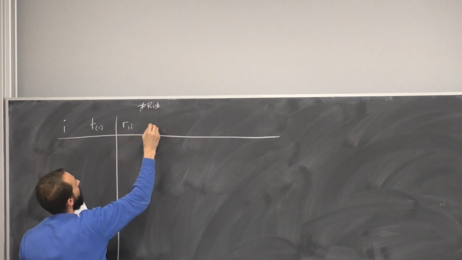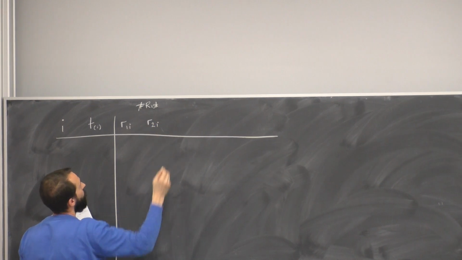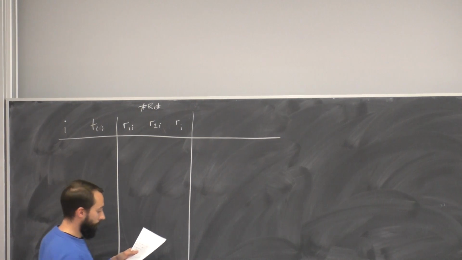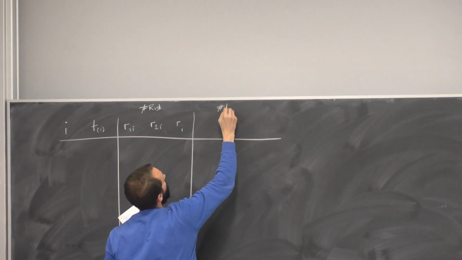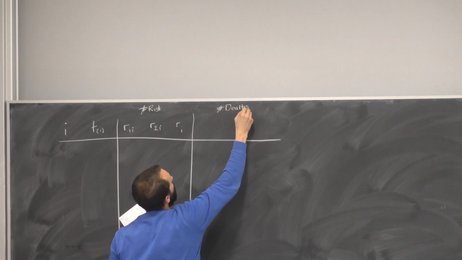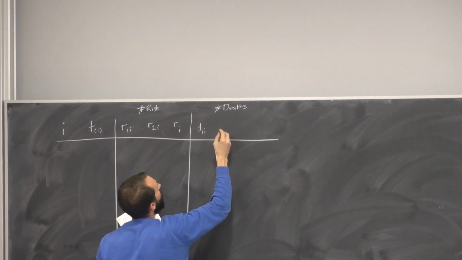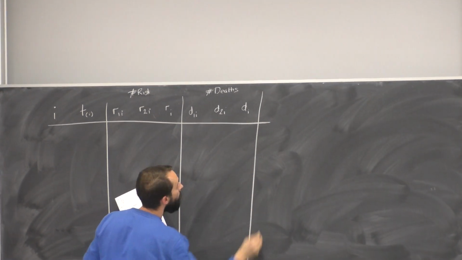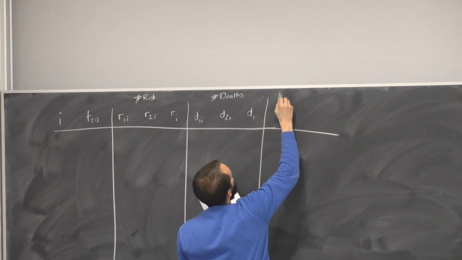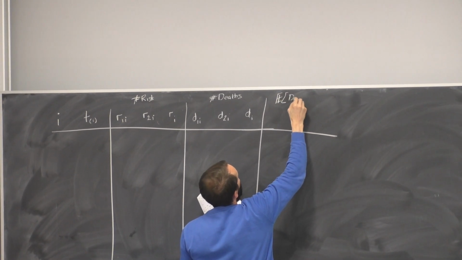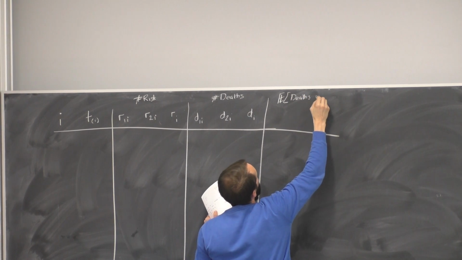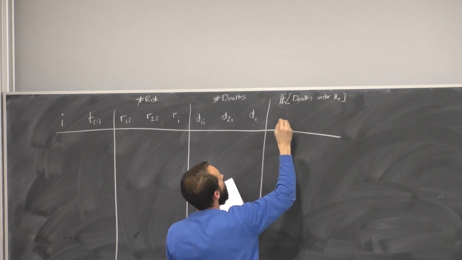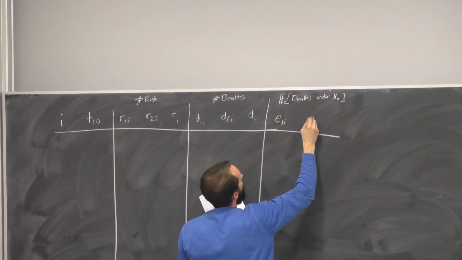In group 1, the number of people in group 2, the number of people in total, then the number of deaths in group 1, in group 2, and in total, and then the expected number of deaths under my null hypothesis in group 1 and group 2.